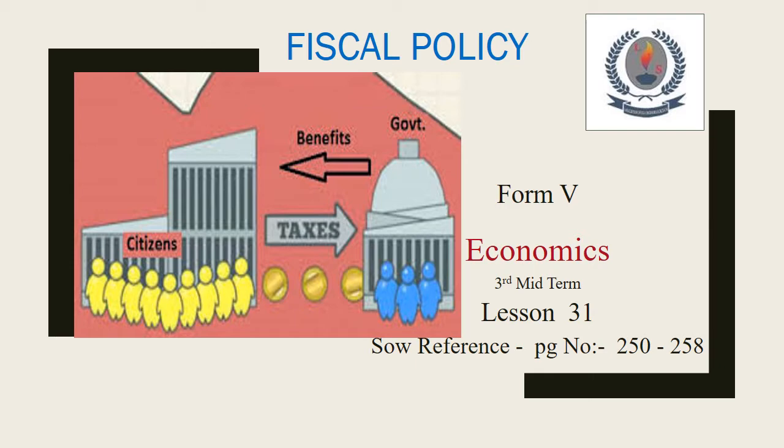Okay, we'll move on to the lesson. This is your first lesson of the third midterm, lesson number 31. It is fiscal policy and SOW references page number 250 to 258.